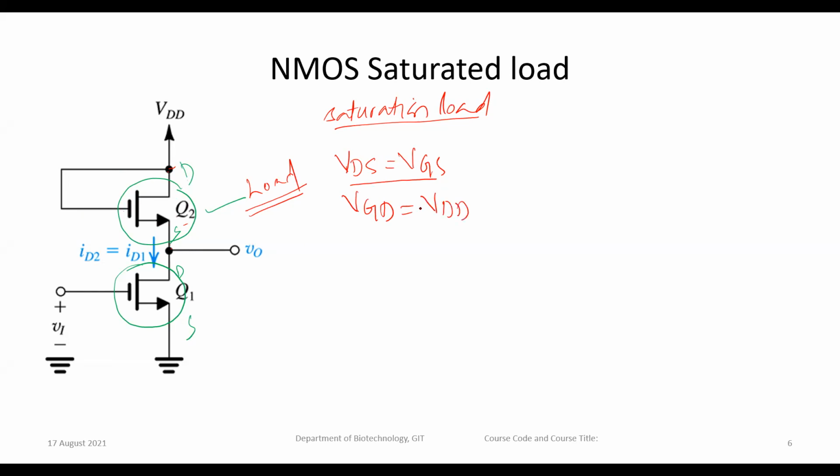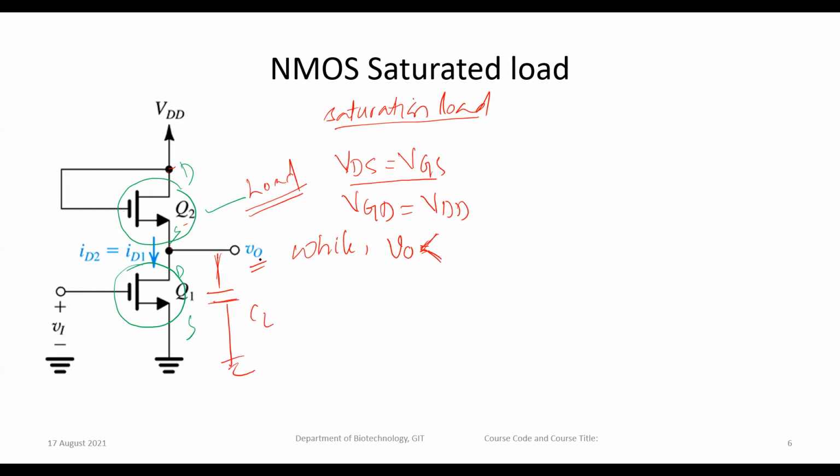So V out, this is the V out. As long as V naught is less than, and don't forget, there is a capacitor CL here.